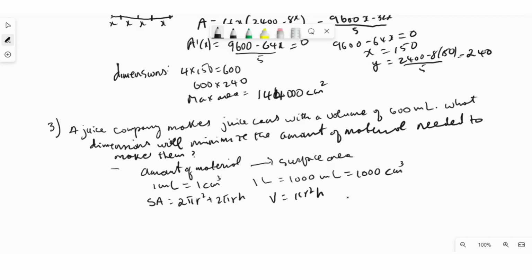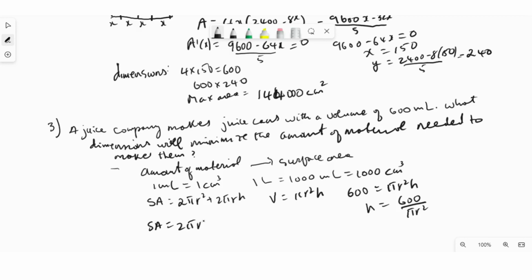Therefore, we know the volume is 600. 600 equals pi r squared h. So h will be 600 over pi r squared.